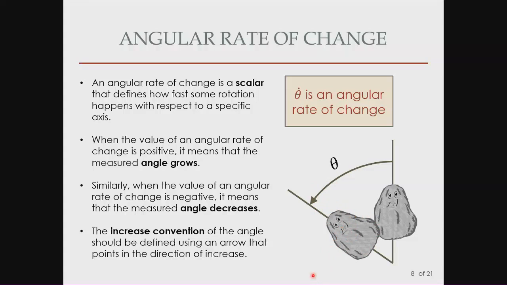So there should be some convention: where is the positive direction of growth for that angle? Then if theta dot is positive, it means that this theta grows in that direction. And if theta dot happens to be negative, it means that this theta shrinks. All right?